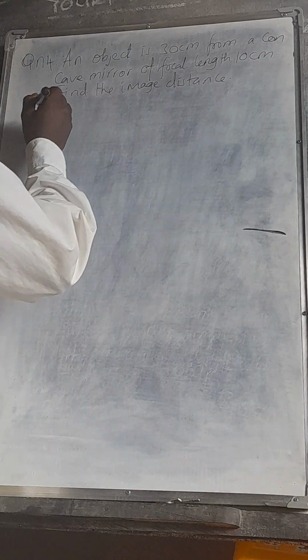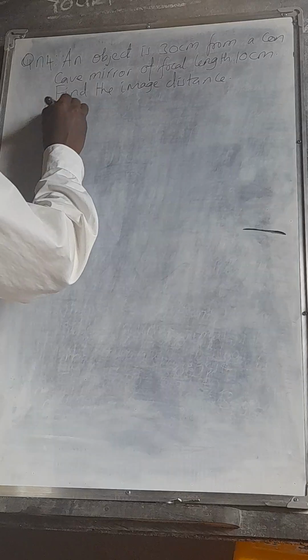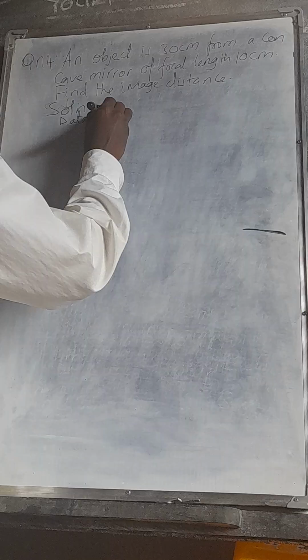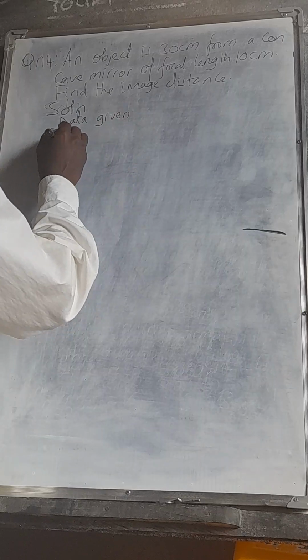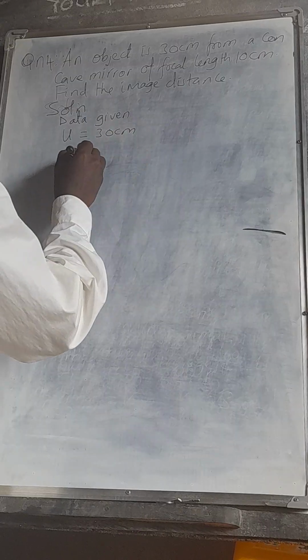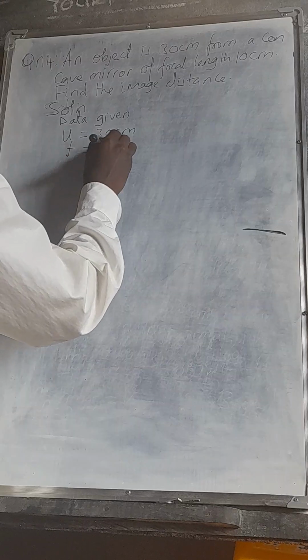What is very important is to know the data you have been given. Solution, data given: the object distance is 30 centimeter, and the focal length is 10 centimeter.